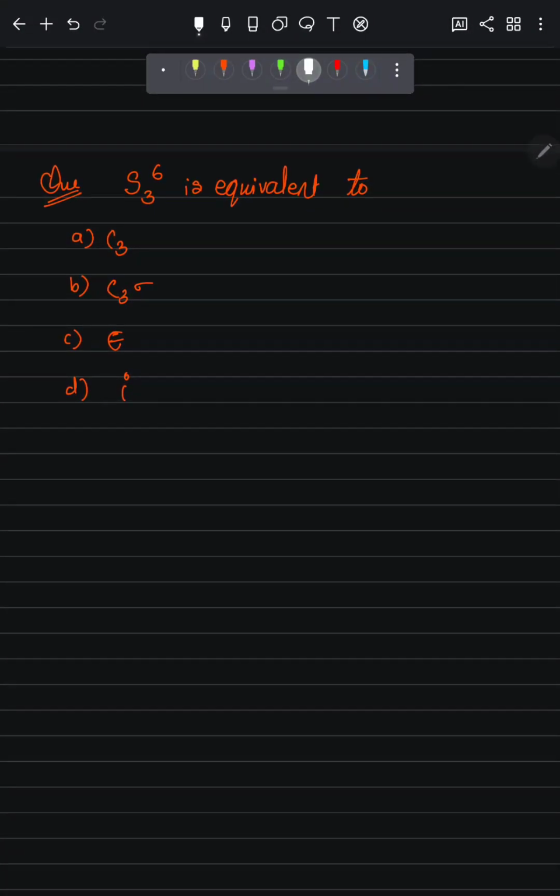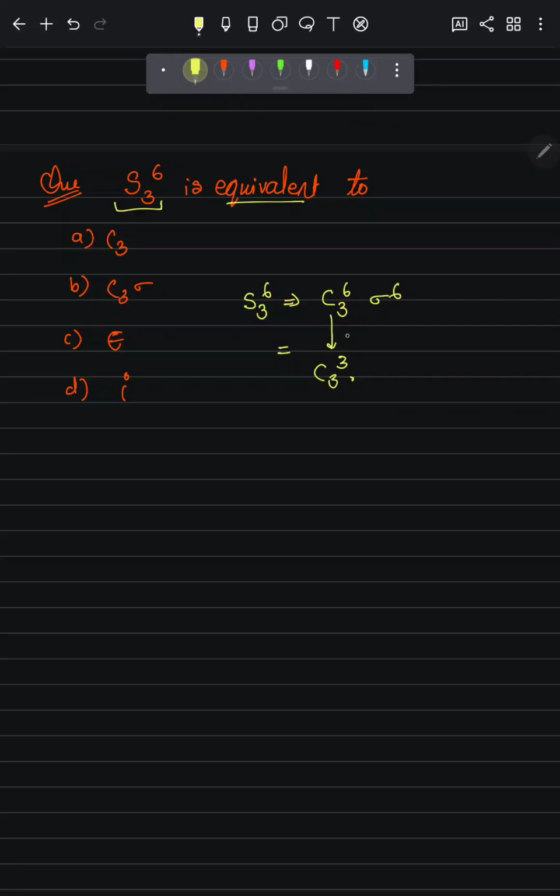Let's discuss a question asked in the previous year in CSIR NET. Here we need to tell what this is equivalent to out of these four options. So let's perform S6^6. It is equal to C6^6 perpendicular to sigma^6.